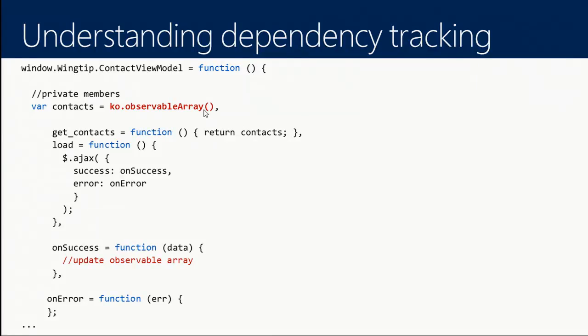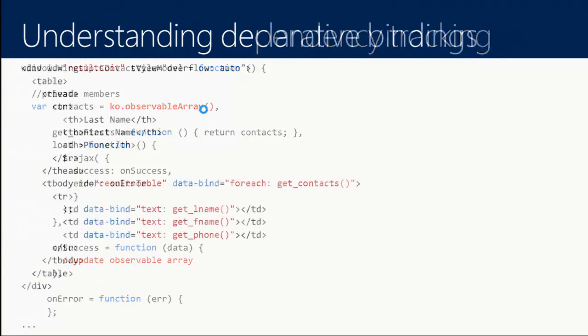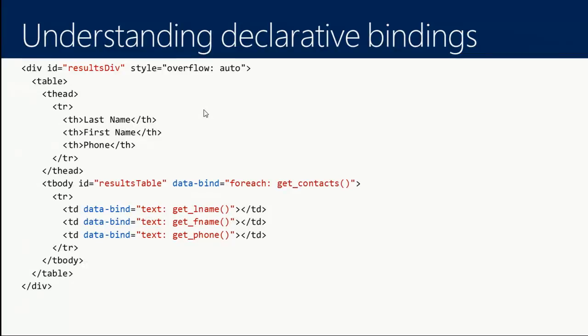So this has no idea what the page is that's going to display it. And similarly, the page has no idea of the code that's generating the data, other than the dependency on the names of the methods. You can do maintenance and change what's going on in there without impacting this page. That's really, in a nutshell, what MVVM brings to you, and that's what Knockout implements for us.